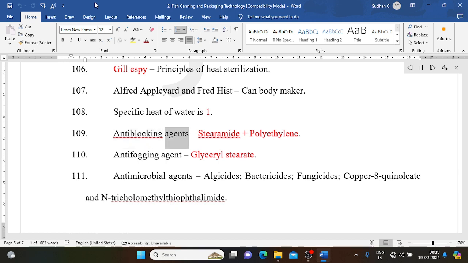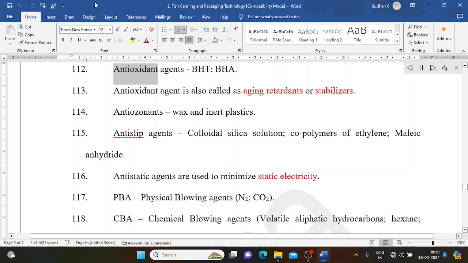Anti-blocking agents: stearamide plus polyethylene. Anti-fogging agent: glyceryl stearate. Antimicrobial agents: algicides, bactericides, fungicides, copper 8 quinolate and trichloromethylthiophthalimide. Antioxidant agents: BHT, BHA.